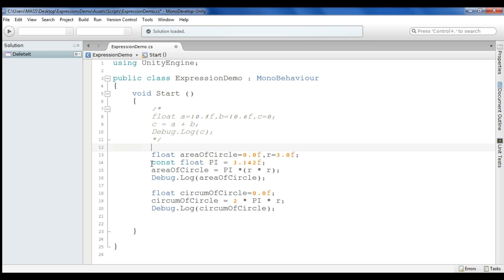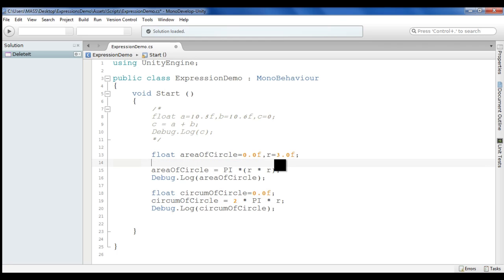Now we already know that Mathf has a constant called pi. I can use that one instead of creating this variable, right? I can directly use Mathf.pi instead of writing this pi in this place. Let us do that.